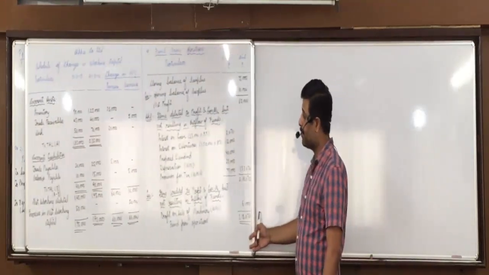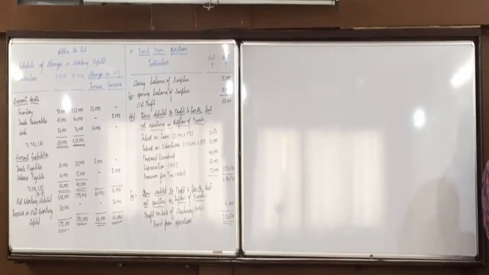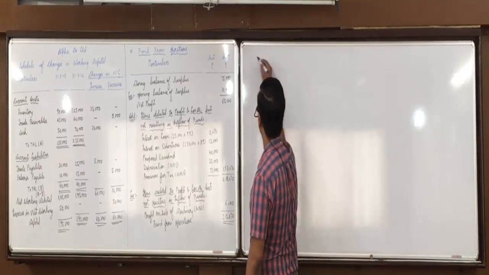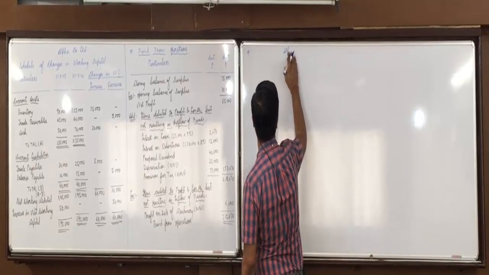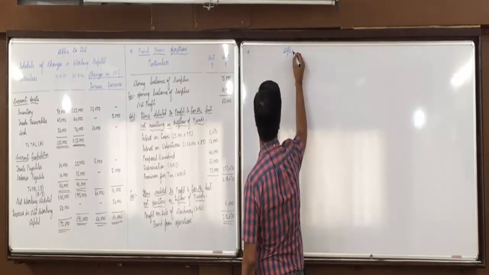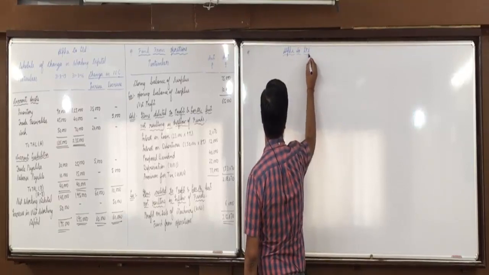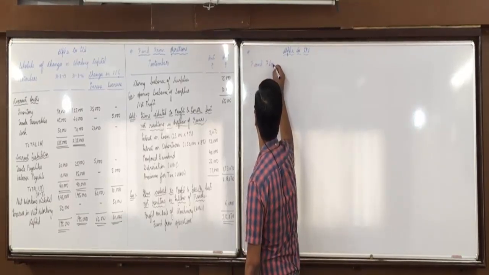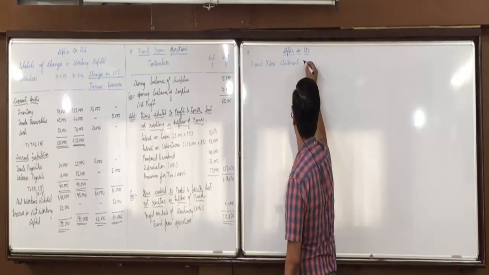Understood this, everyone? Then last we will make the fund flow statement. Alpha Company Limited, fund flow statement for the year ended 31/3/16.